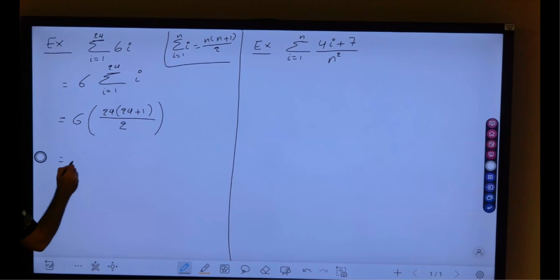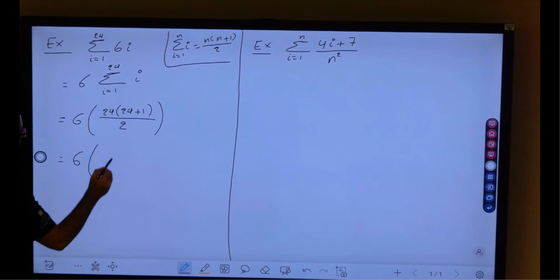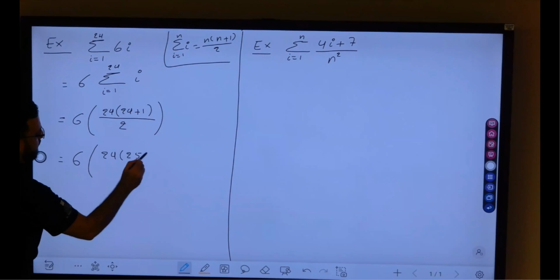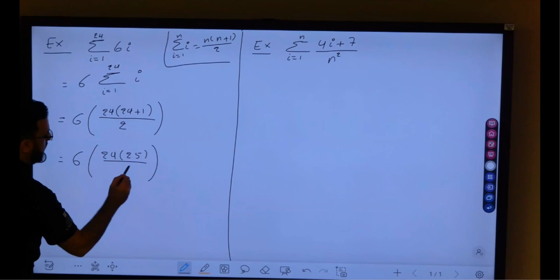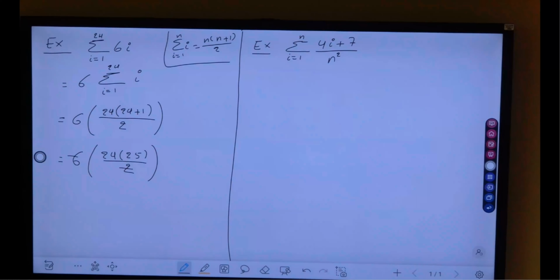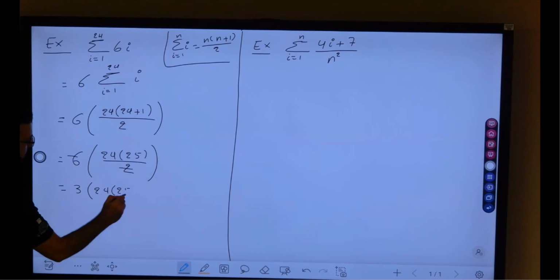That means it's going to be 6, and here is going to be 24 times the 25 divided by 2. Simplify these two. Here's a 3, and here's 24 times the 25.